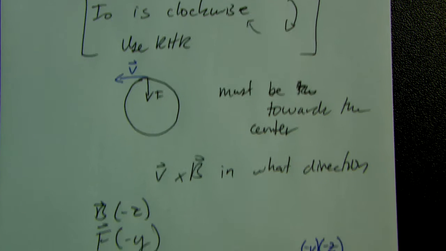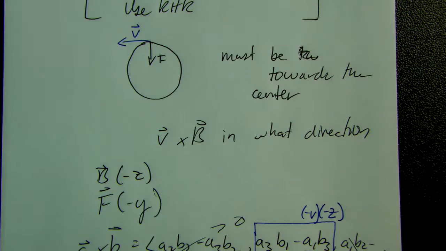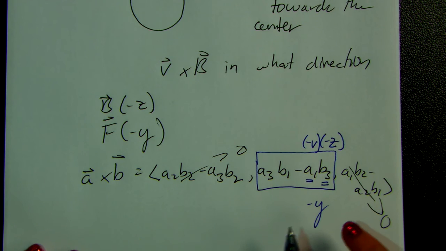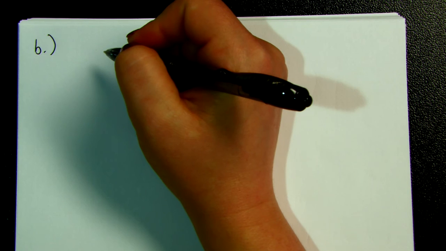Okay, so there we go. That will satisfy our force equation. All right, moving on to part B. We want to look for the velocity in terms of known terms.